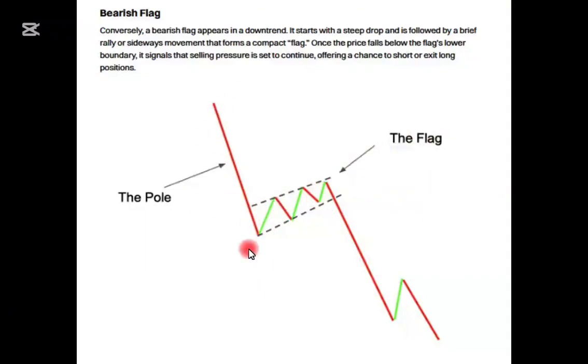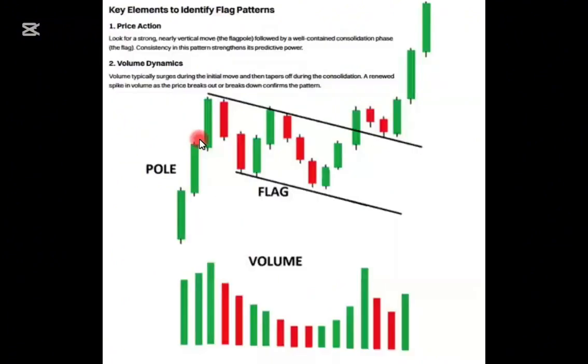All right, so we're going to dive into the next one right now. Key elements to identify flag patterns: we have the price action and we have the volume dynamics. All right, so the price action, look for a strong nearly vertical move, which is the pole. This is the flagpole, followed by a well-contained consolidation phase, which is the flag. Okay, so consistency in this pattern strengthens its predictive power.